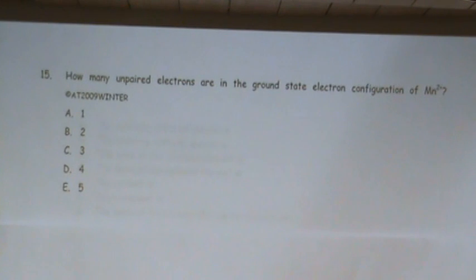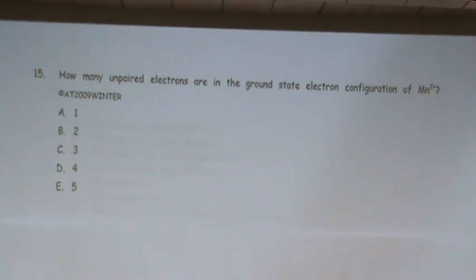So we want the manganese atom, and we go to the periodic table, of course, right? Remember? Fortunately I forgot my pointer. So if you go to the periodic table, what are you going to get?